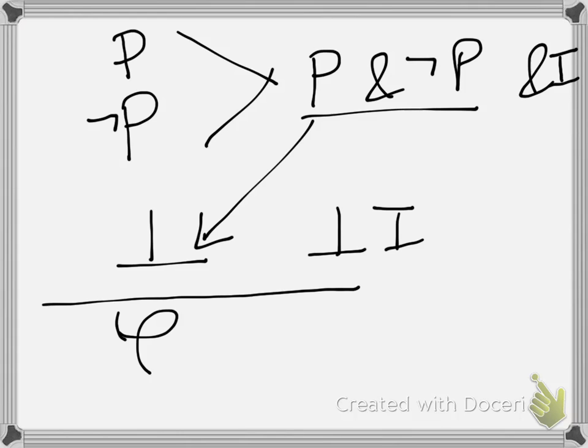So that means if your premises are inconsistent, there's no row where all the premises are true and the conclusion is false, no matter what the conclusion is, because all the premises can't be true at the same time. So that's why any argument with inconsistent premises is valid, and that's precisely what we're exploiting with the rule of EFQ.